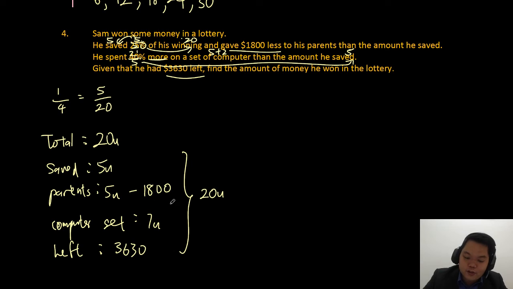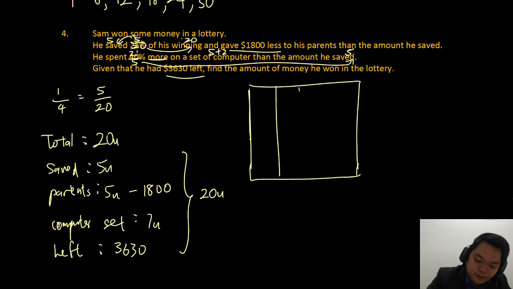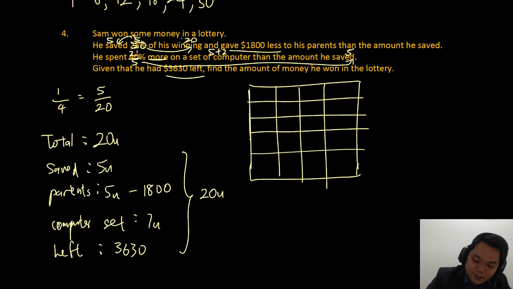So you can see that this expression itself can be quite difficult to handle. So we can use the big fat model to deal with this. Okay? The formal name is stack model, but I like to call it big fat model. So once you know this, right, what did he save? Save this amount, 5 of these.